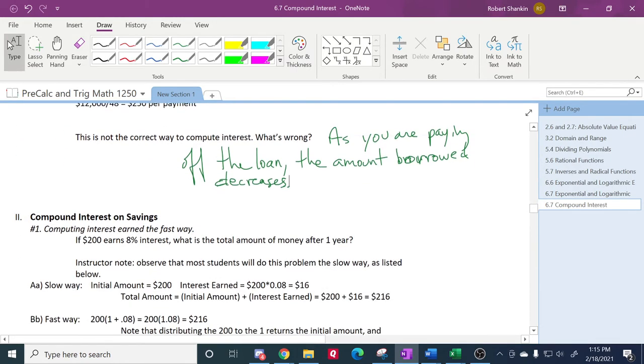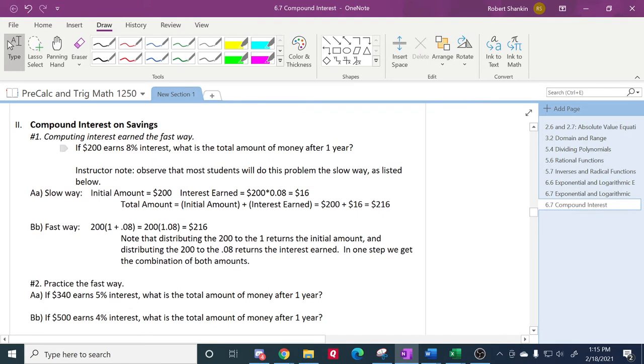Where we're really going to look at compound interest is not on loans but on savings. And we're going to learn how to compute compound interest a very fast way. And this is where we're going to pick up, but right now we are at a break time.